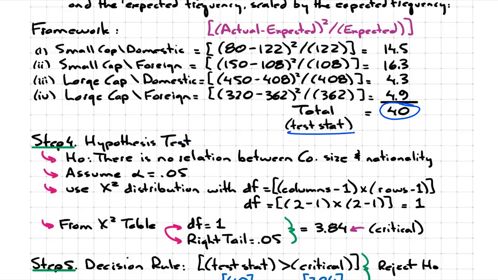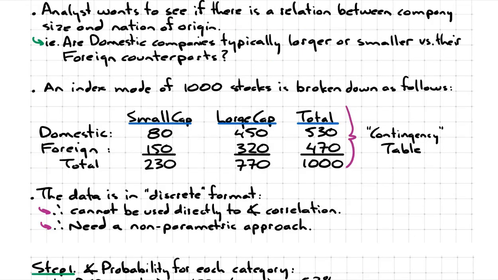Now, how do we do the test? In other words, how do we find out whether the sample came within that 95% range or outside of that 95% range? We use a chi distribution where the degrees of freedom is equal to columns minus 1 times rows minus 1. In our case, we had 2 columns and 2 rows.